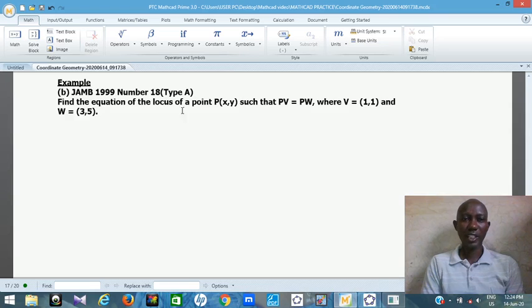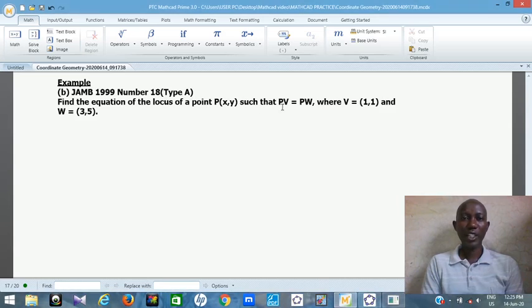But for this locus, there is a point on the locus which has coordinates x and y, and the condition is that the coordinate of V is (1, 1) and the coordinate of W is (3, 5).